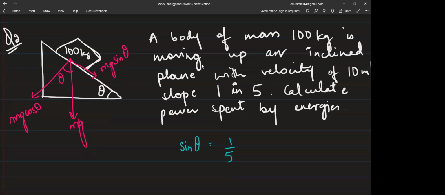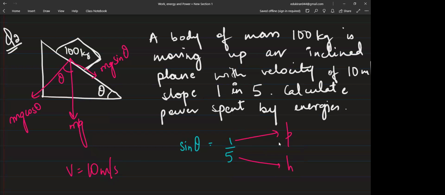A body of mass 100 kg is moving up an inclined plane with a velocity of 10 meter per second. Slope is 1 in 5, so 1 means the perpendicular, 5 means the hypotenuse. Now see class, apart from this question, it's not necessary that you will get the exact values of sine theta.